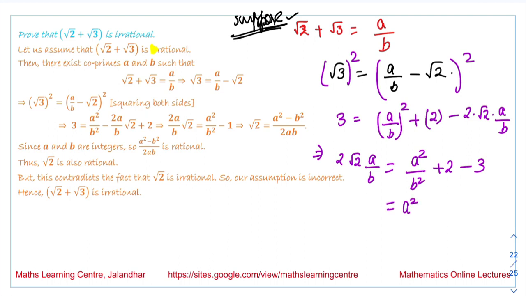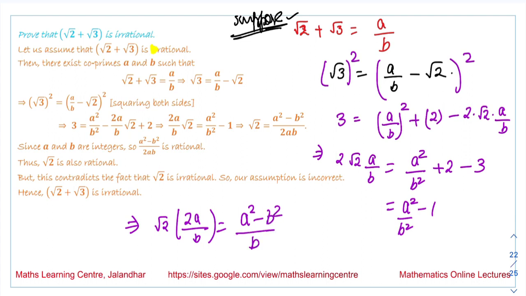This is equal to a square by b square minus 1. So what we get from this is that root 2 into 2a by b is equal to a square minus b square upon b square. So we get root 2 is equal to a square minus b square over 2ab.